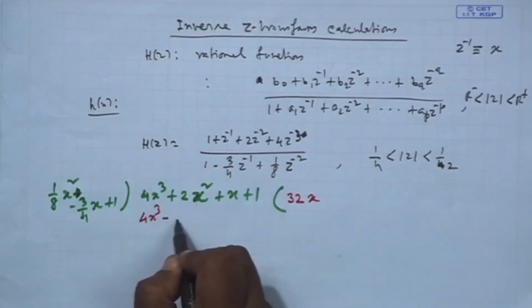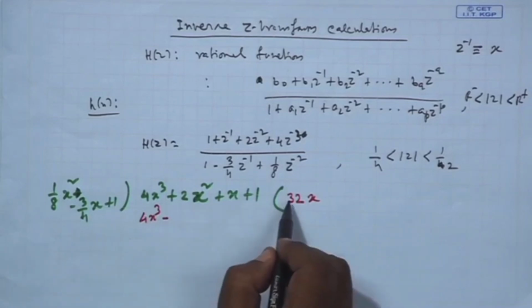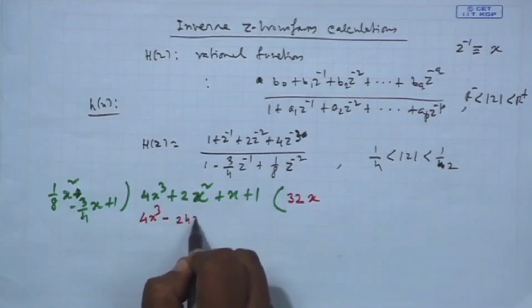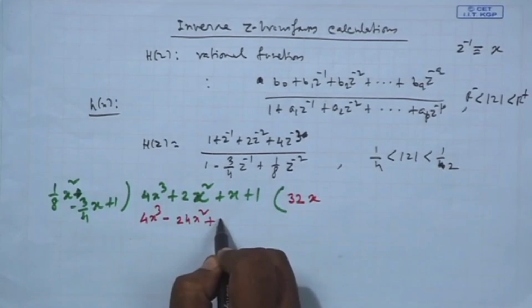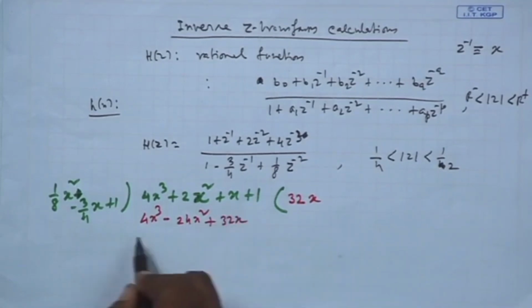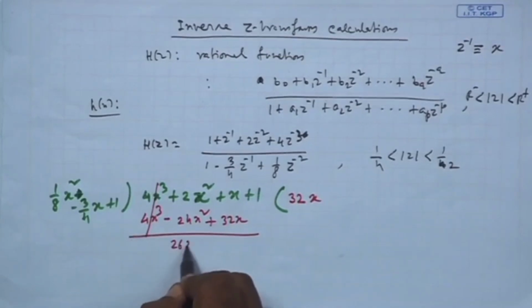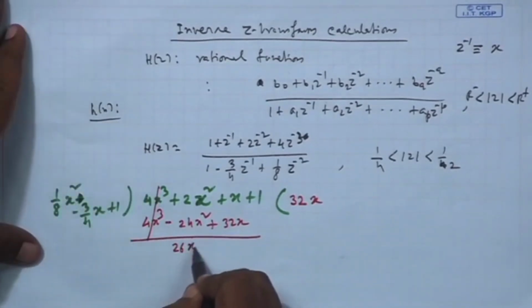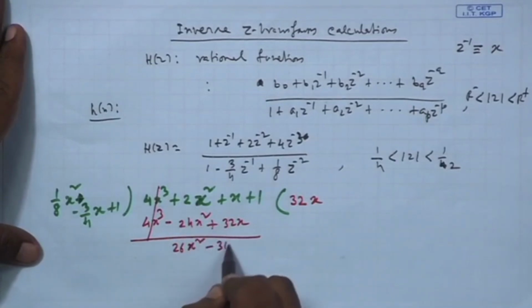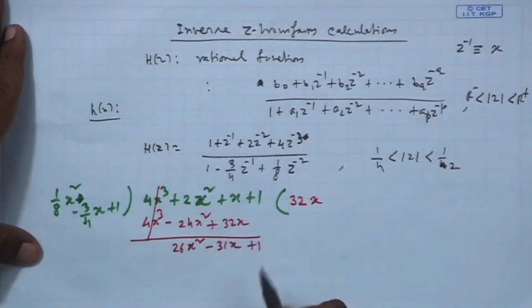minus 24x square plus 32x. This cancels, leaving 26x square minus 31x plus 1.